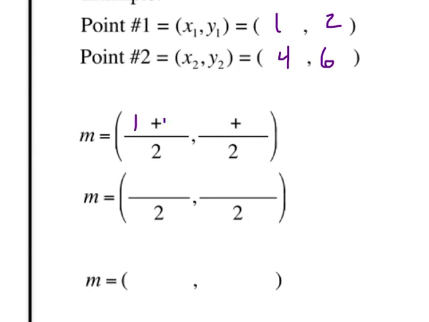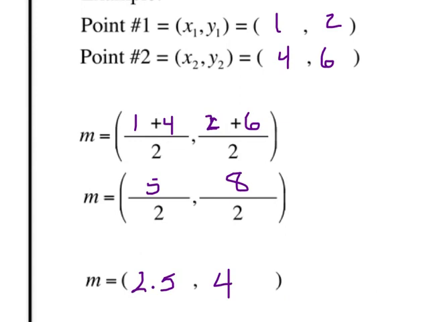So I'm going to do 1 plus 4 and 2 plus 6. 1 plus 4 is 5, and 2 plus 6 is 8. 5 divided by 2 is 2.5. I'm sorry, it's been a while since I've had to make videos. 8 divided by 2 is 4. So our midpoint is going to be at the point (2.5, 4).